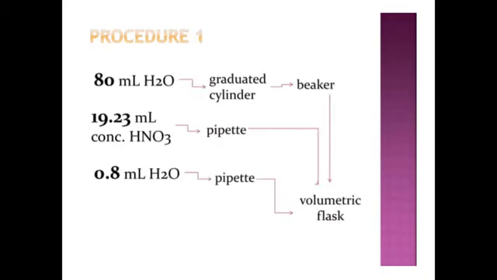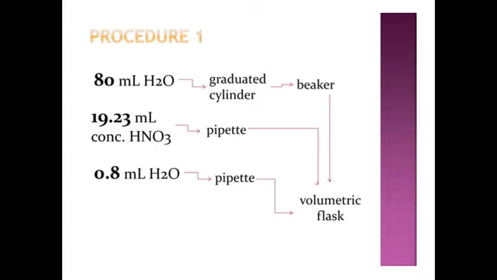It will remain 0.8. So you measure 80 mL of H2O using a graduated cylinder and transfer it to a beaker. That's step one. Then from the beaker, you transfer it to the volumetric flask.